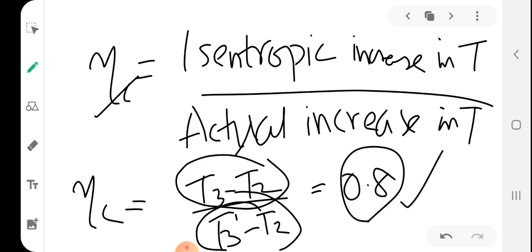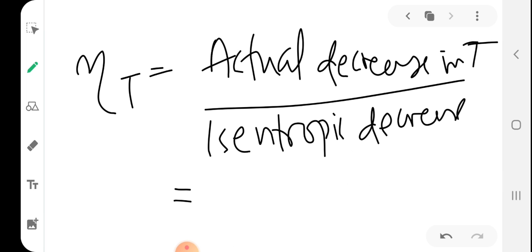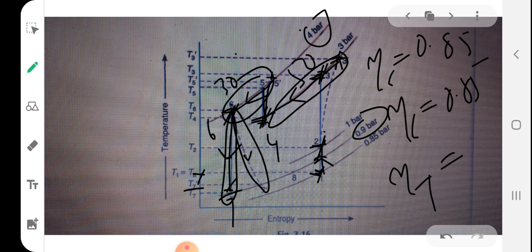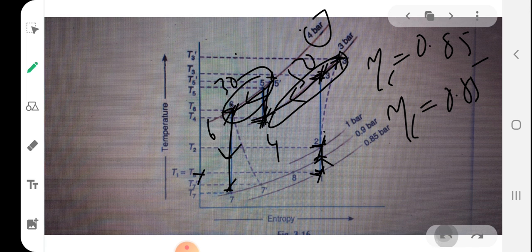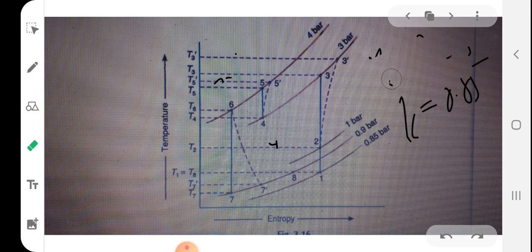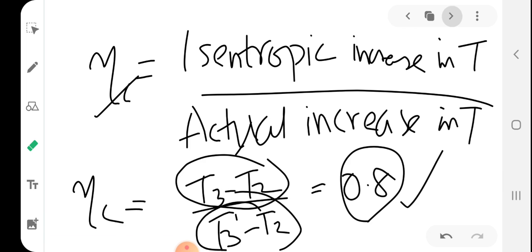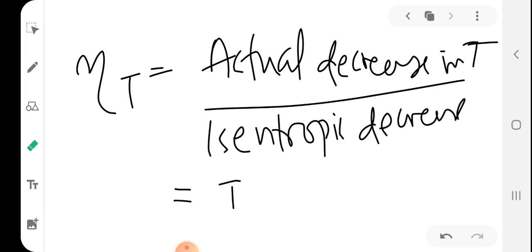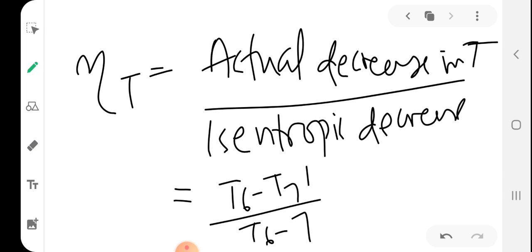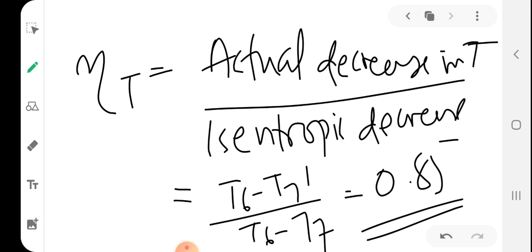So lower by higher, that should be the idea. So lower is T6 minus T7 dash, right? T6 minus T7 dash by T6 minus T7. So it will be equal to 0.85. So this is given. So this much data are given.